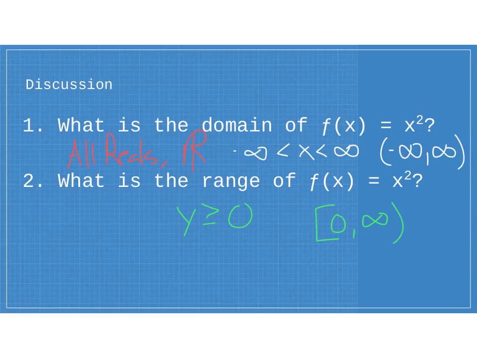Notice on the 0 I have a bracket because we want to include 0. On the infinity, it is a parenthesis because you can never reach infinity, so it does not include that value.